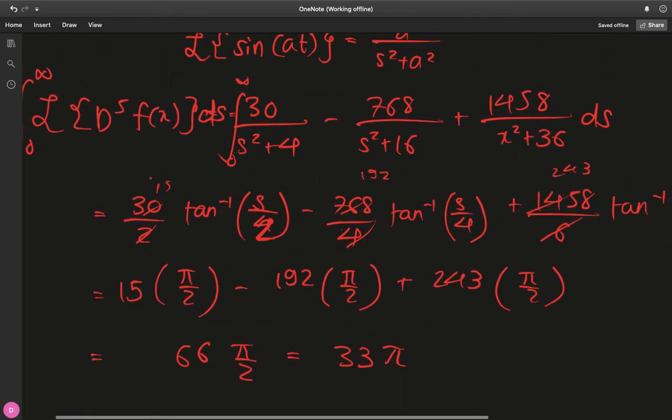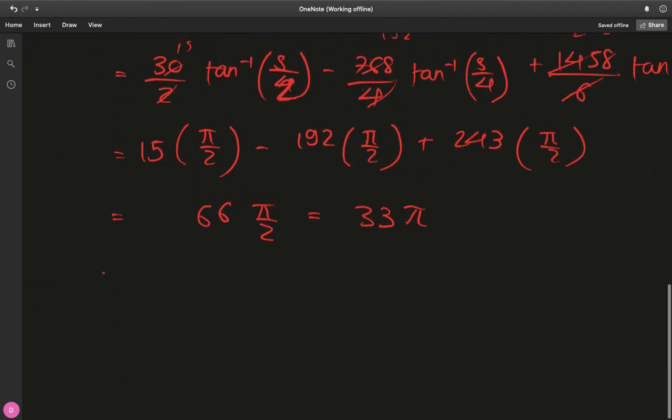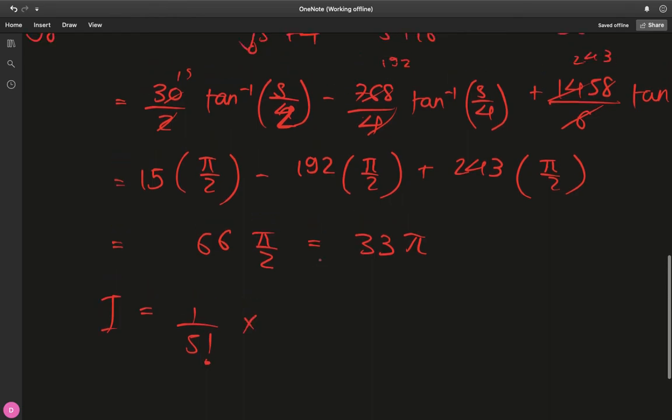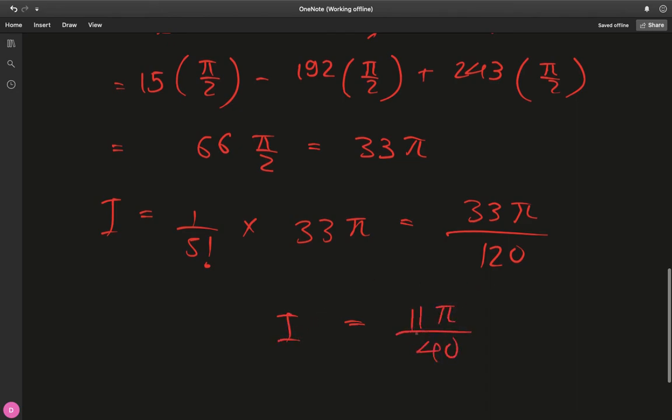But that is just this integral part. Don't forget this 1 over 5 factorial. So I is nothing but 1 over 5 factorial times this integral that we calculated to be 33 pi. 5 factorial is 5 into 4 into 3 into 2 into 1, which is 120. So 33 pi over 120, which if you want to reduce is going to be 11 pi over 40.